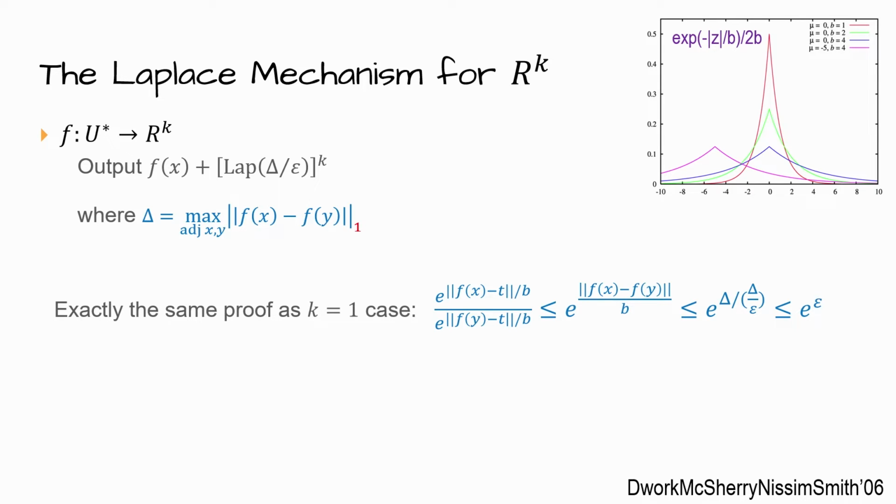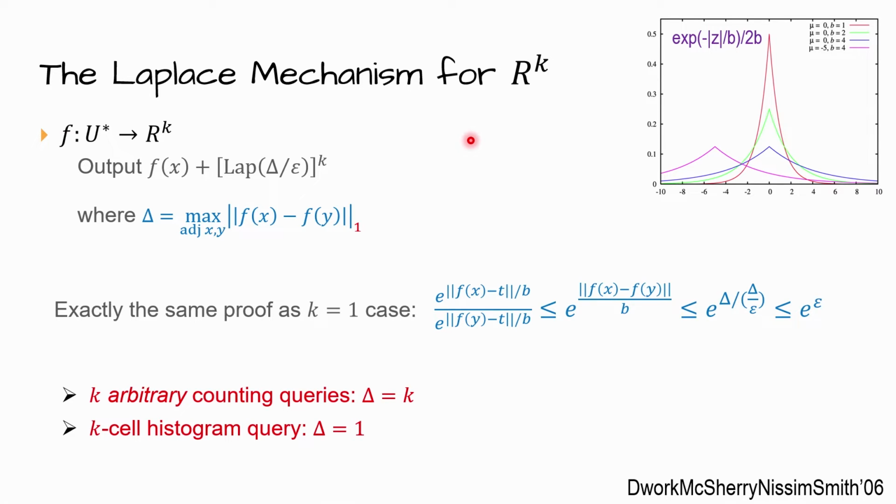Independently to each of the k different outputs, you add this kind of noise. And again, you'll have differential privacy. And it is exactly the same proof, only instead of having absolute values, we have L1 norms. But exactly the same proof.